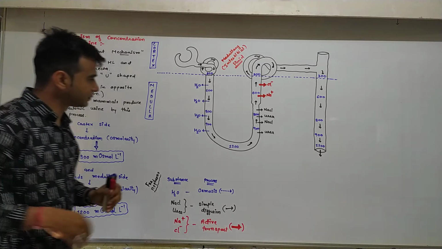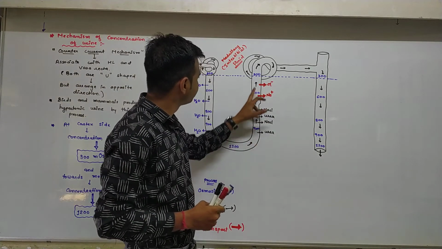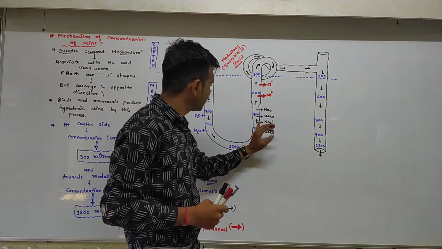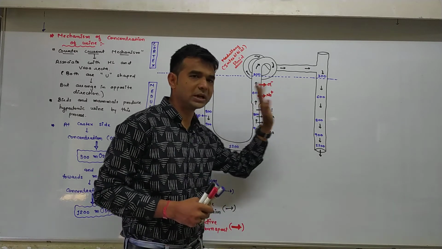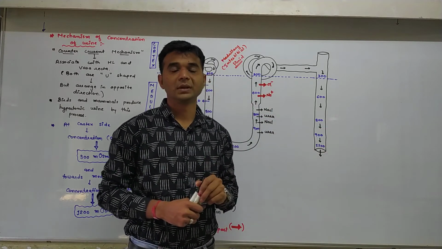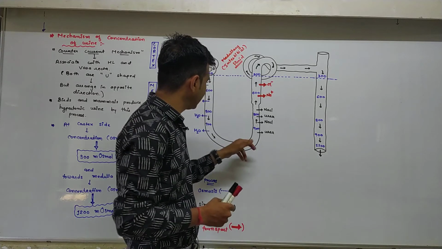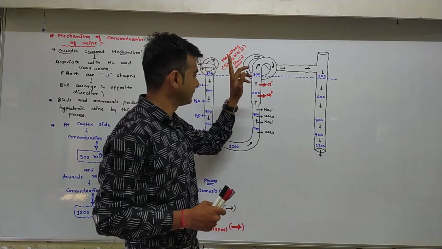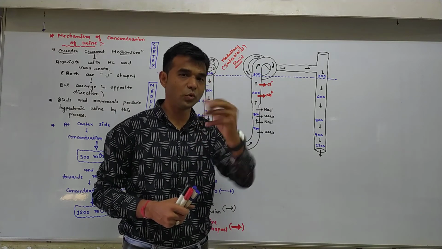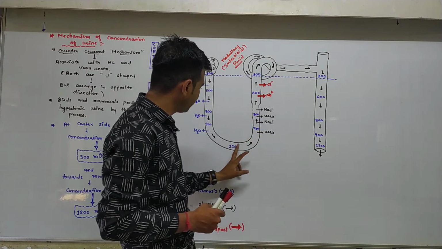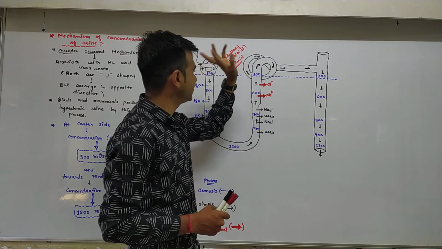Now from the filtrate, NaCl, urea, Na+ and Cl- go out, because the ascending limb of the loop of Henle is permeable for electrolytes but not for water. As a result, the filtrate concentration decreases.